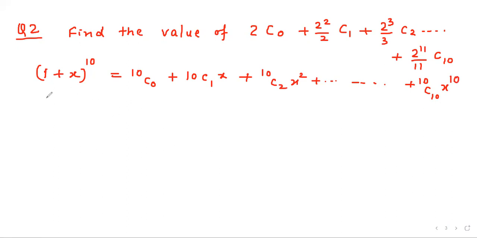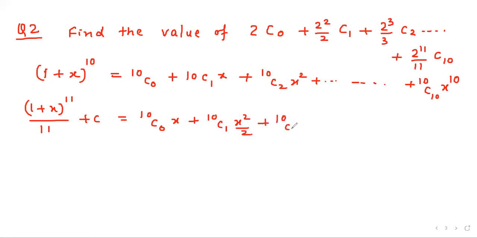Now what we do? We integrate it. So on integration we will get (1 plus x) power 11 divided by 11 plus c equal to 10C0x plus 10C1 x squared by 2 plus 10C2 x cubed by 3 plus ... plus 10C10 x power 11 by 11. Now we put the condition when x equal to 0.